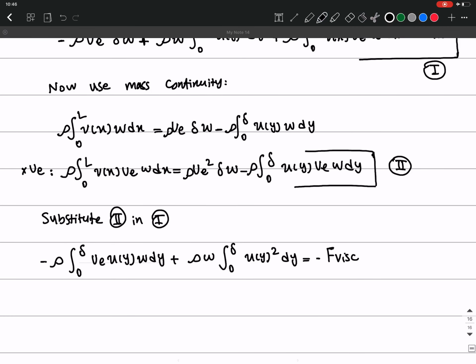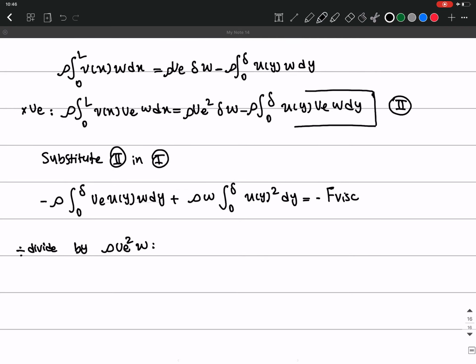Okay. Now divide this by rho UE square W. So everything is going to go to the right. So let's see what we have now.